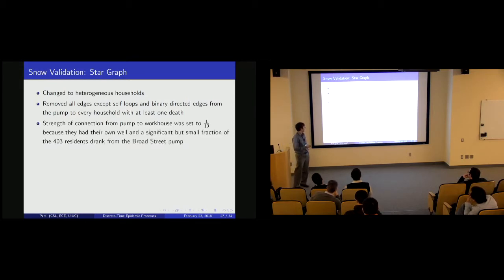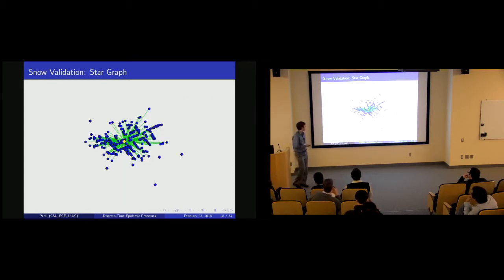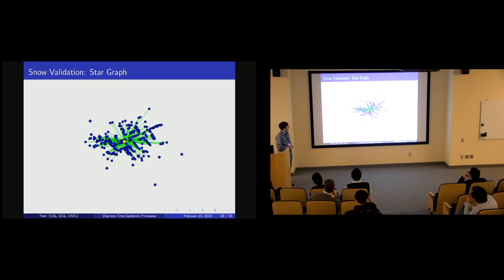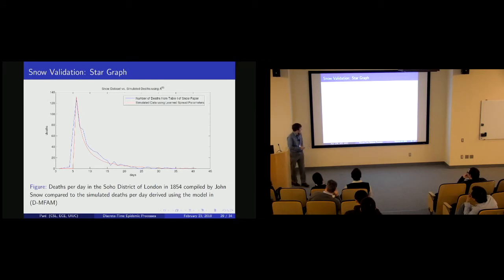And then I'm running out of time, so I'm just going to show you what the graph looks like. This is what the matrix ended up looking like. And this is what the graph structure looks like in picture form. And when we simulated it, it's even prettier. And it's exactly what he thought. The pump was the source. It was affecting the people.